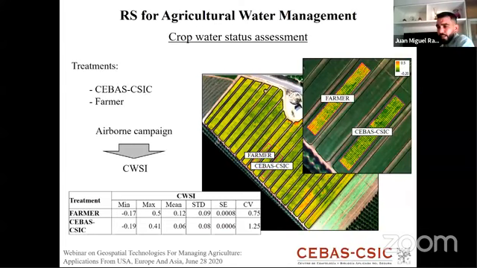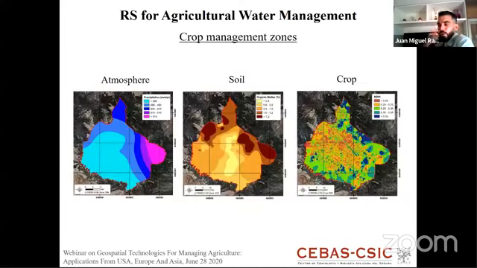And we know that the lettuce we managed presented a slightly better water status with an average value of 0.06, while the farmer was able to properly manage irrigation even with water withdrawals, as shown by the crop water stress index value of 0.12.